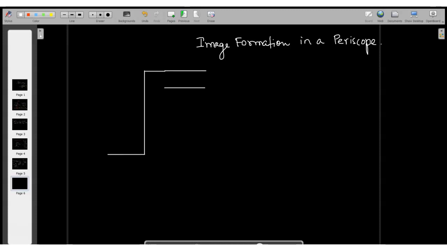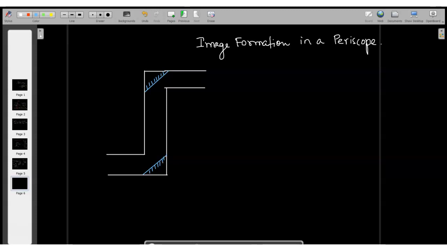These periscopes are usually used in submarines to see if there is any obstruction above the sea level or to detect an enemy above the sea level. So two plane mirrors are kept like this, one plane mirror and the other plane mirror. That is how we signify mirrors, like this.